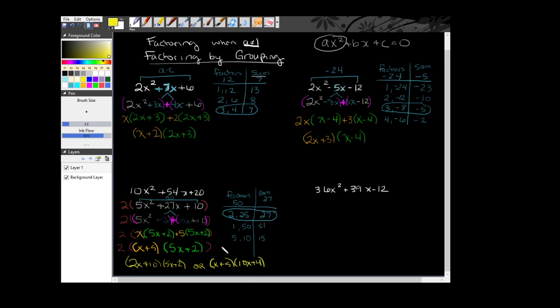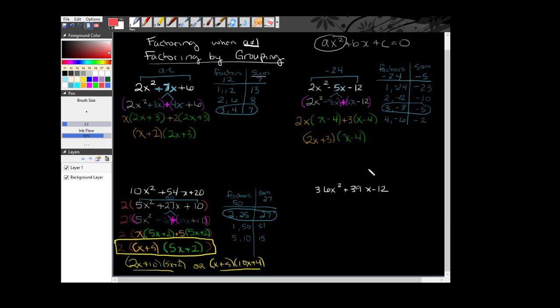Those are where that 2 is distributed to each set. And they're not inherently wrong, but if your problem tells you to factor out completely, or to factor the problem completely, you want to make sure that you get to the point where we got to on our problem, where that GCF, that 2, is out in the front. Really, it just depends on the needs that you have as you move through your problem.